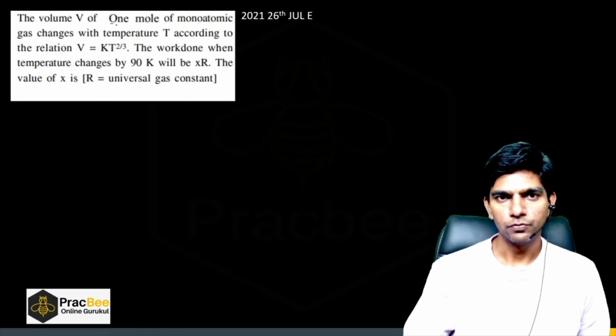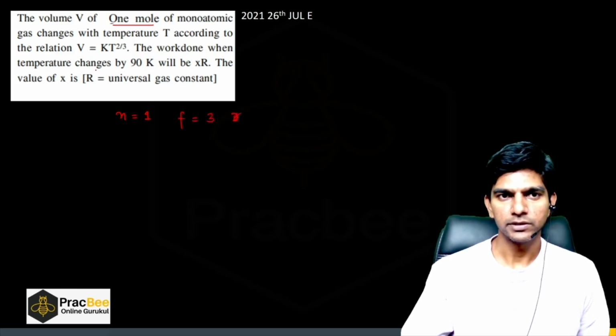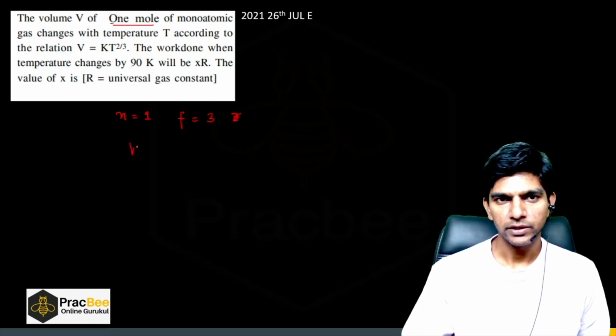The volume V of 1 mole of monatomic gas. So n is given as 1, and we have a monatomic gas. So we can say F is 3. And it changes with temperature T. Volume is changing with temperature T according to the relation V is some constant times T raised to power 2 by 3.